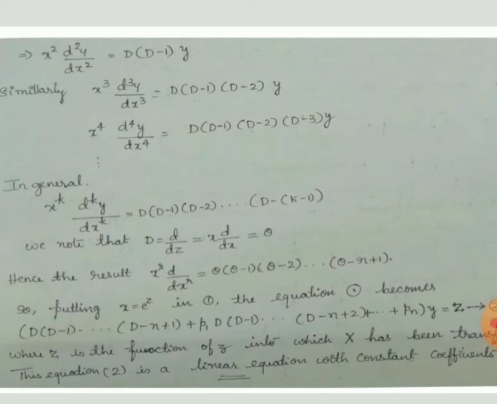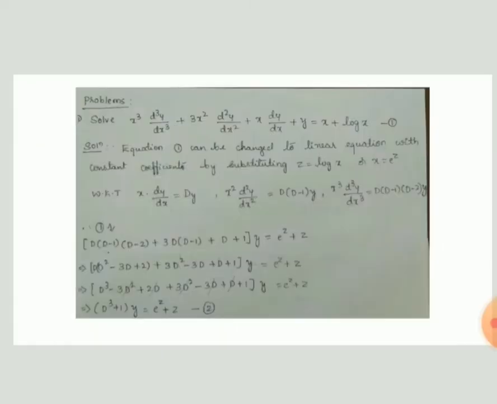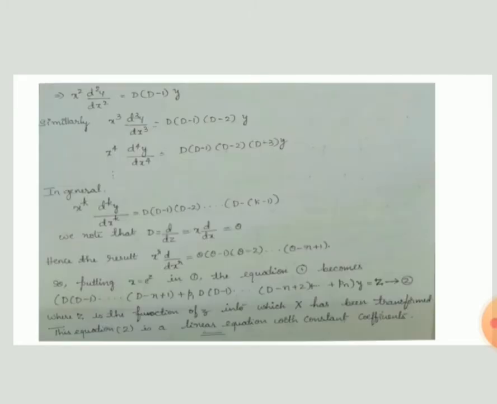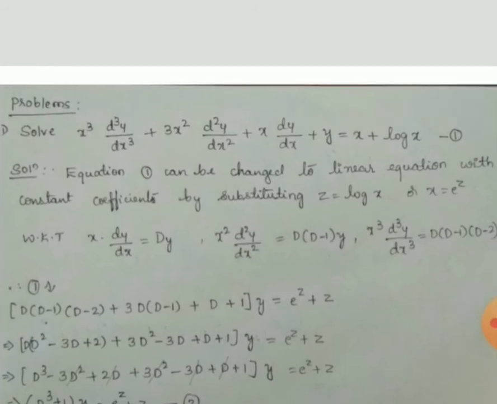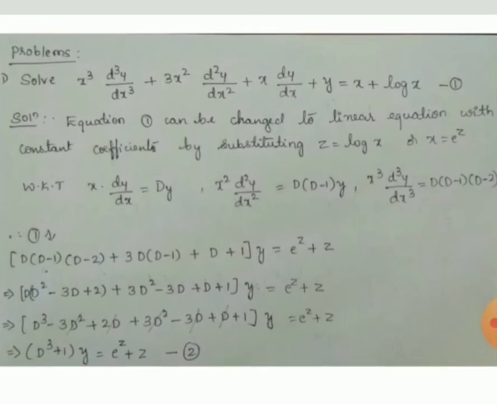Now we shall solve some problems related to these linear equations with constant coefficients. So problem number 1: solve x³·d³y/dx³ + 3x²·d²y/dx² + x·dy/dx + y is equal to x + log x, and I will call this equation number 1.